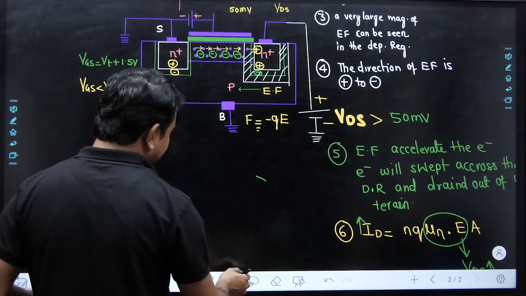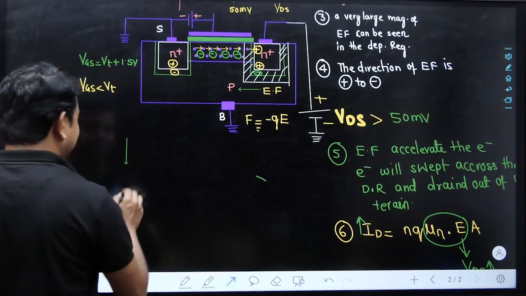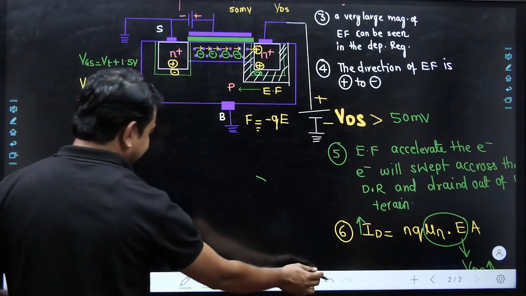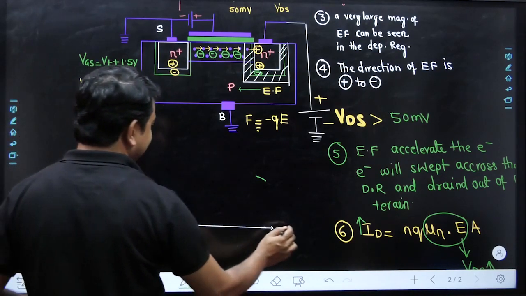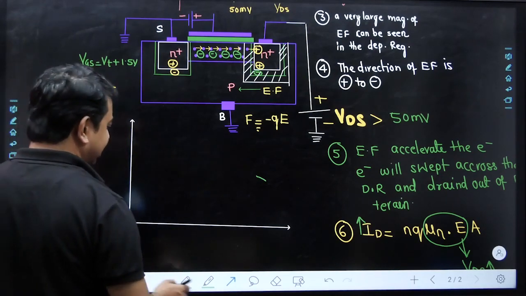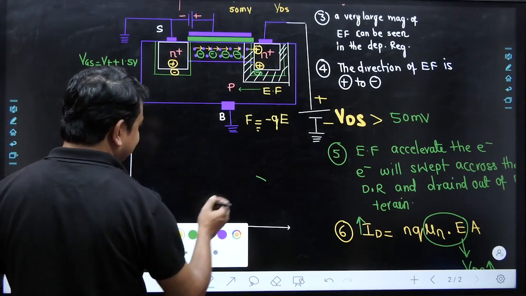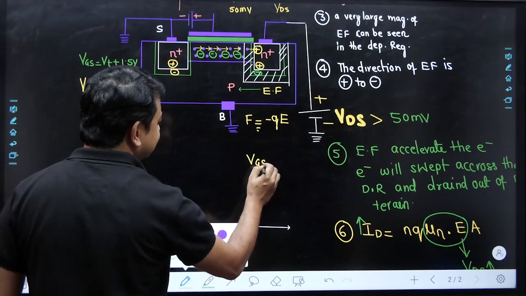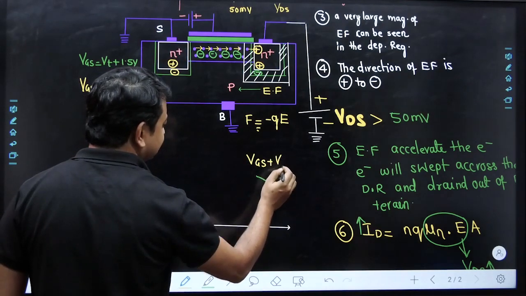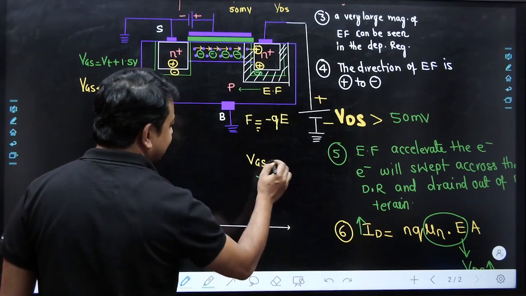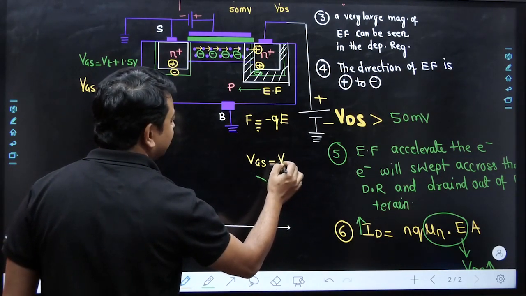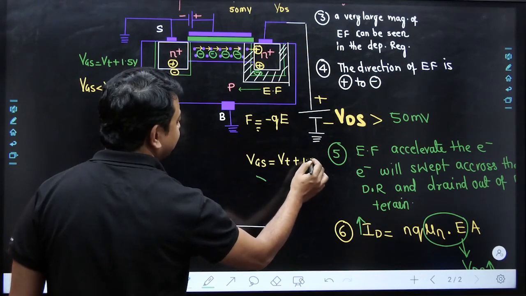So this particular characteristic can be drawn in this way. We have this line, and we have taken the voltage applied at the gate terminal as VGS, which is equal to the threshold voltage plus 1.5 volt.